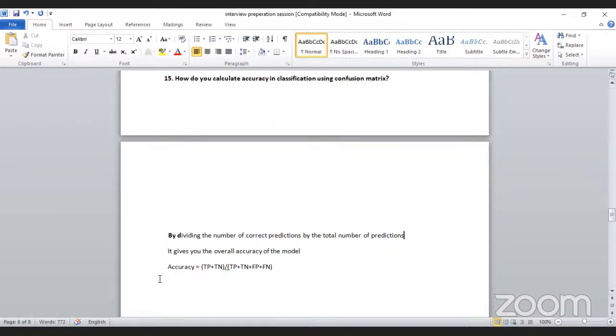The accuracy is equal to true positive plus true negative, divided by all the factors: true positive, true negative, false positive, and false negative. So that gives us the overall accuracy of the model.